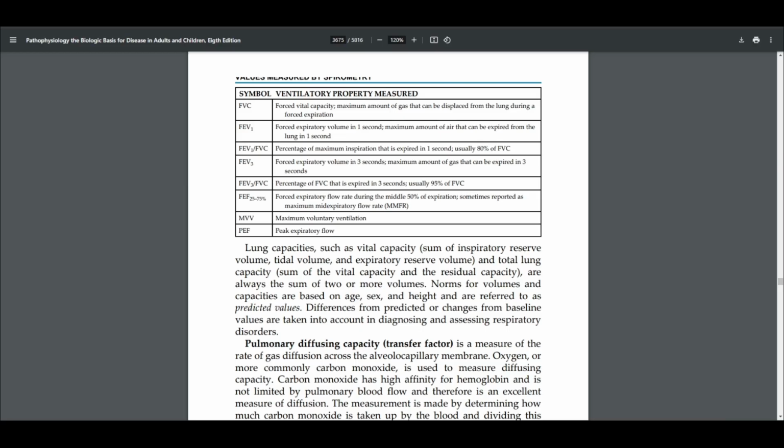And then the measurement percentage of FVC that is expired in 3 seconds is usually 95%. And then you have that FEF 25 to 75%, that forced expiratory flow rate during the middle 50% of expiration, sometimes reported as a maximum mid-expiratory flow rate. Your MVV, your maximum voluntary ventilation, and your PEF, your peak expiratory flow.